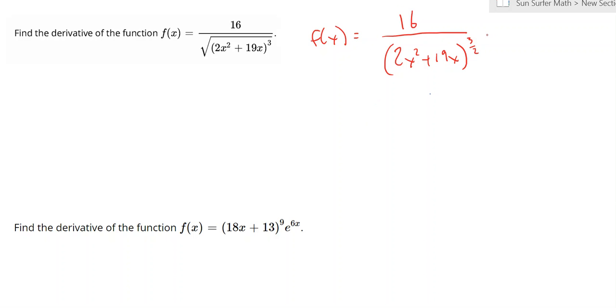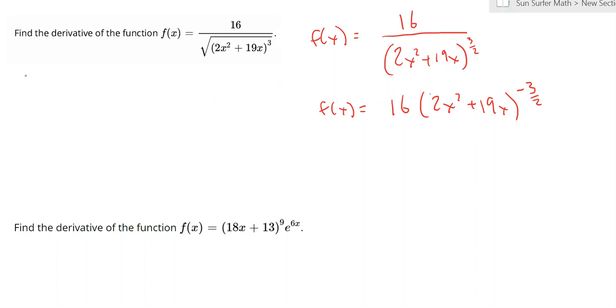Then it would be helpful to rewrite that once again as f of x is equal to 16 times 2x squared plus 19x to the negative 3/2 power. Now we have it in a form where we can use the power rule and the chain rule.